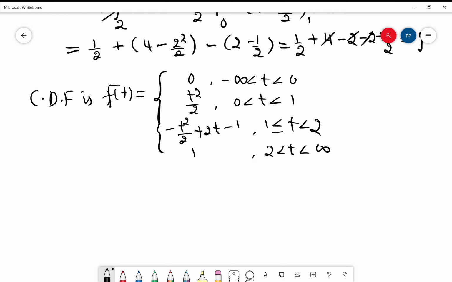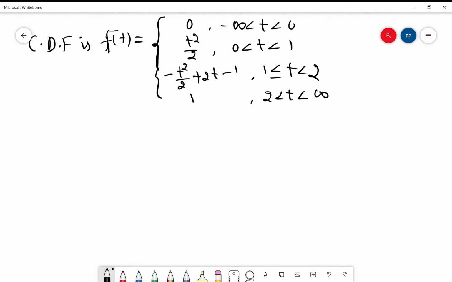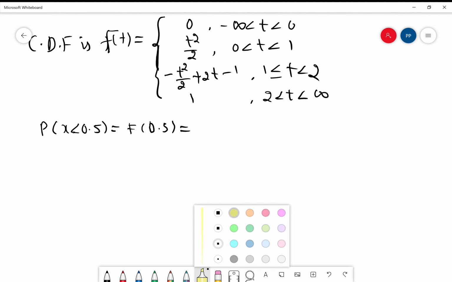The first one, P of x less than 0.5, by definition is nothing but F of 0.5, and 0.5 belongs to this interval, namely 0 to 1.